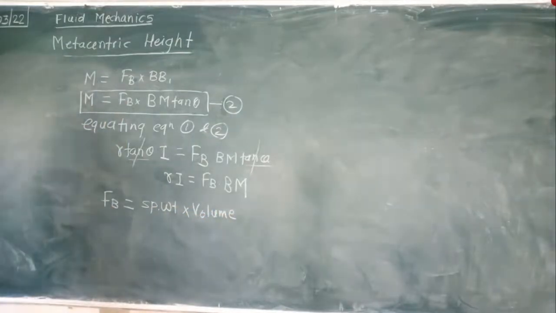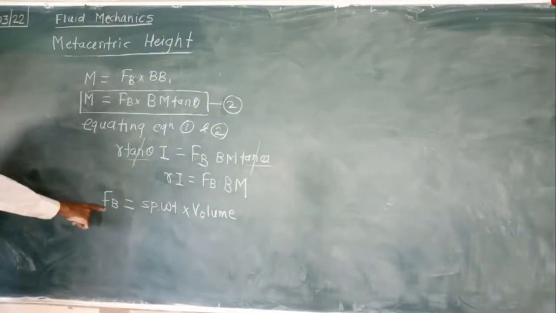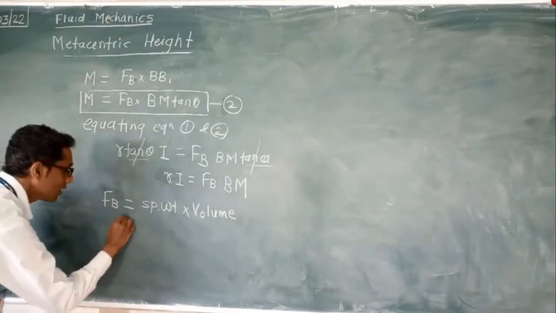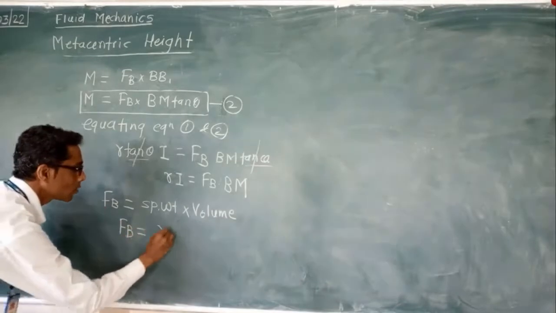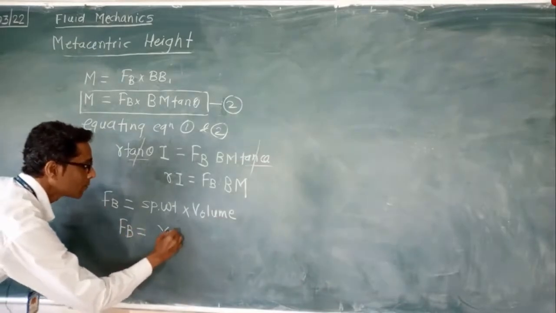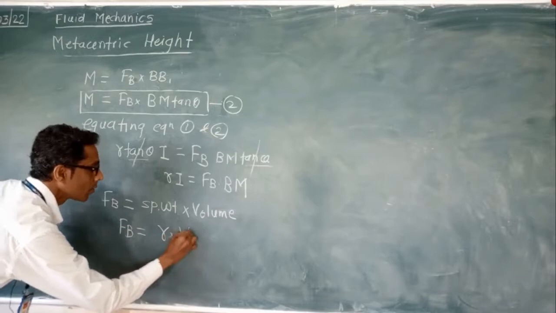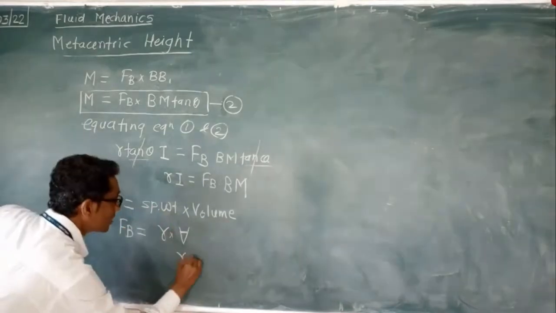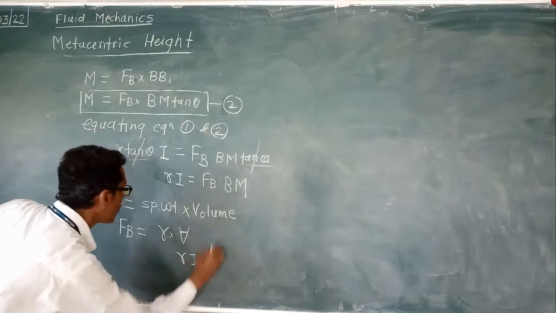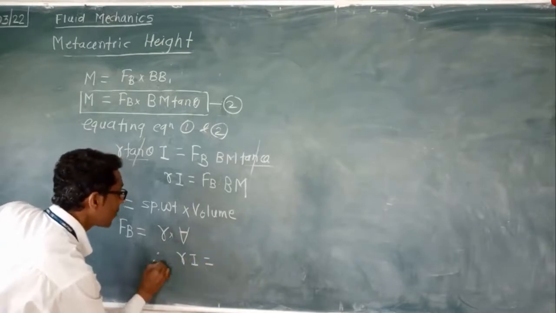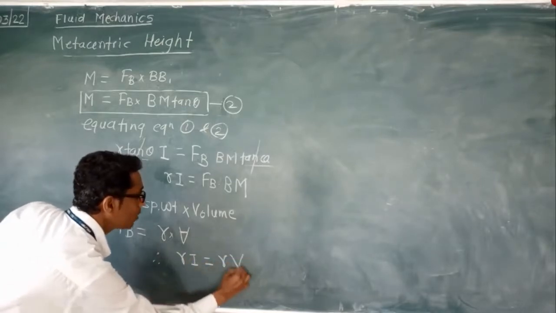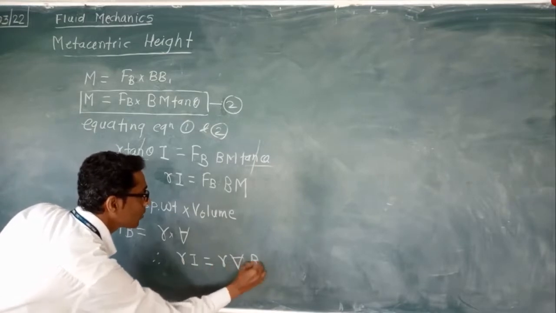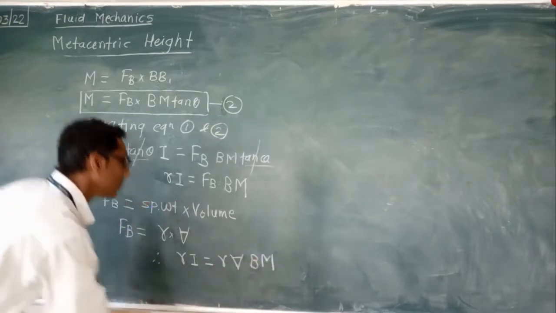This is the buoyant force acting on the ship, so FB is equal to gamma into V, the volume of the ship. Thus gamma into I is equal to gamma into volume into BM.